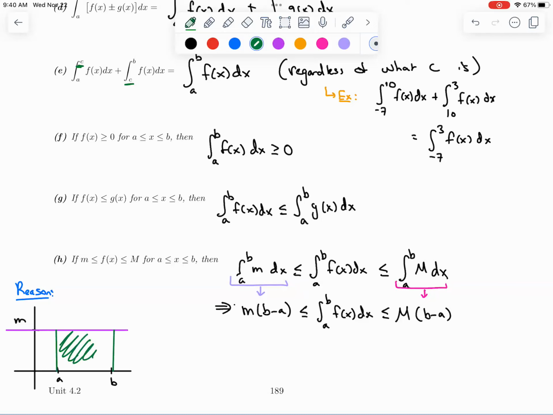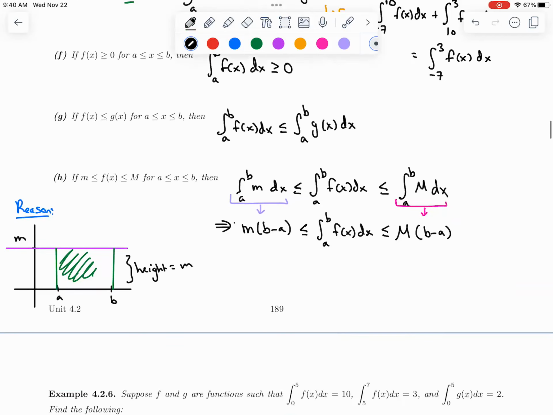That has a height of lowercase m and a width equal to b minus a, right? B would be the entire distance, but we're subtracting off that little bit of extra from a. So that's why it's lowercase m times b minus a, because we're dealing with a constant function that's going to be a horizontal line. So the area under that curve is going to be a rectangle.